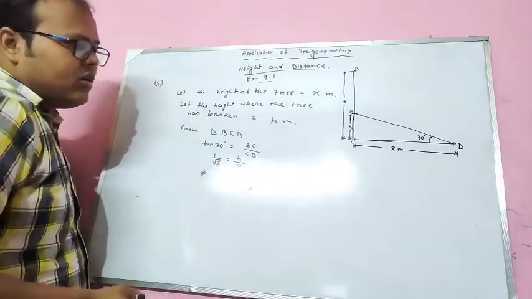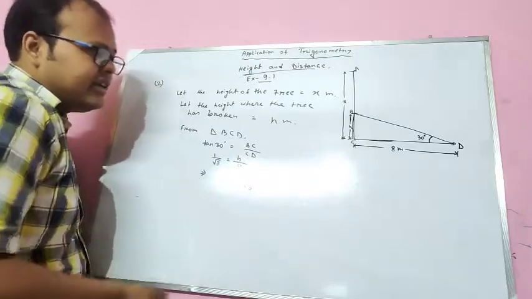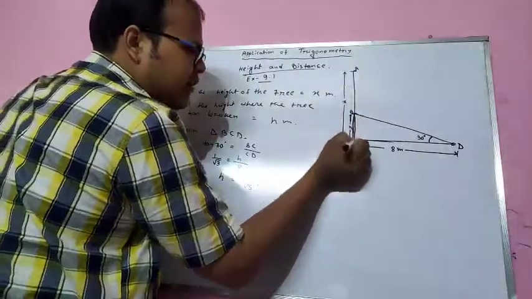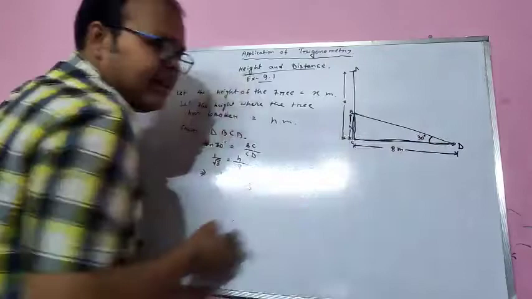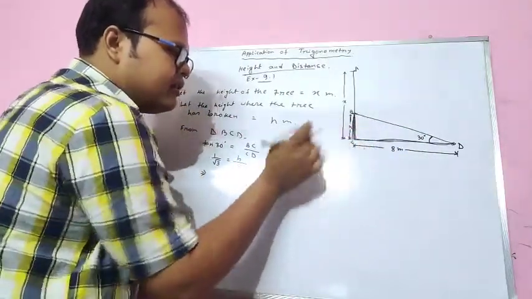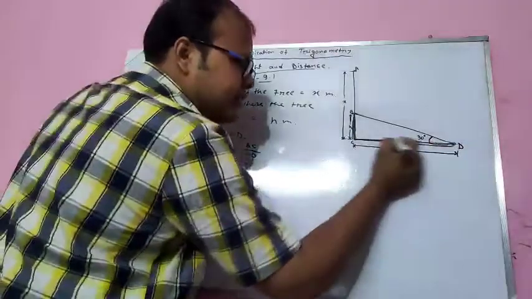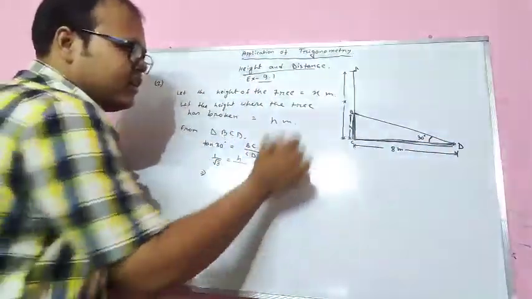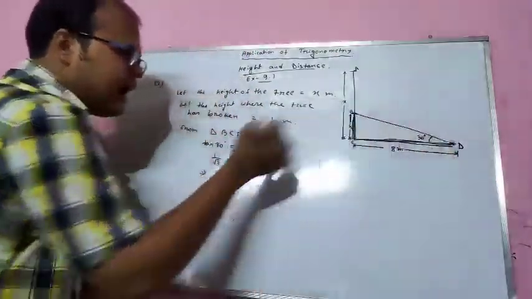Now what remains to find? In this right angle triangle we have the height and the base, so what remains is the hypotenuse.